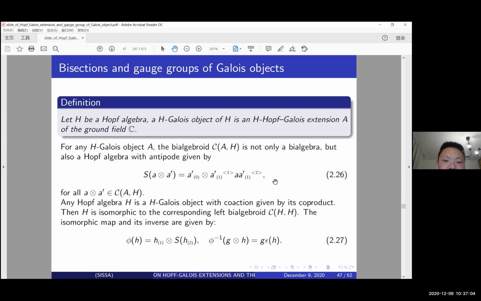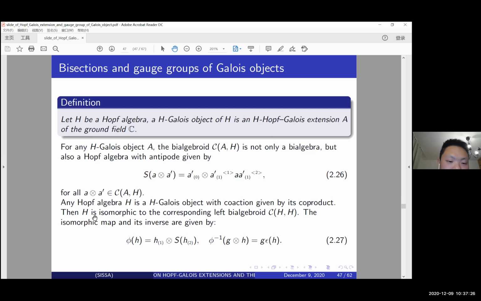Okay, so in this case, the corresponding Ehresmann bialgebroid of the Galois object is also a Hopf algebra by the given antipode in 2.26. And the simplest example is that any Hopf algebra is a Hopf-Galois object of itself, with a coaction given by the coproduct.